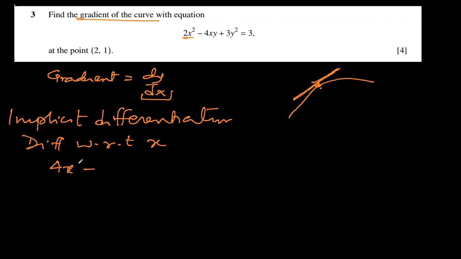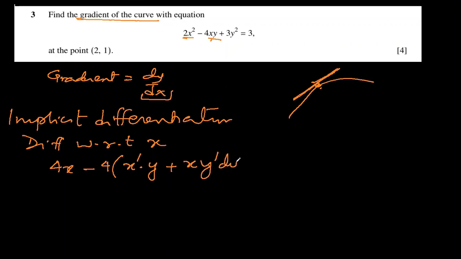Minus 4 is a constant. x and y are multiplying. Whenever two variables multiply, we differentiate them by the product rule. And we have to apply the product rule here between x and y. So let's keep minus 4 out. And it will be the differentiation of x and nothing done to y, plus differentiation of y, nothing done to x.